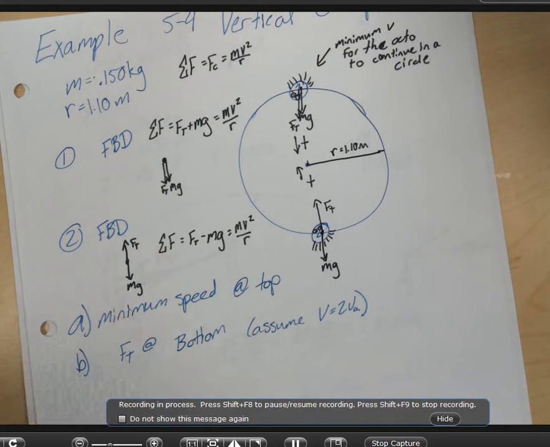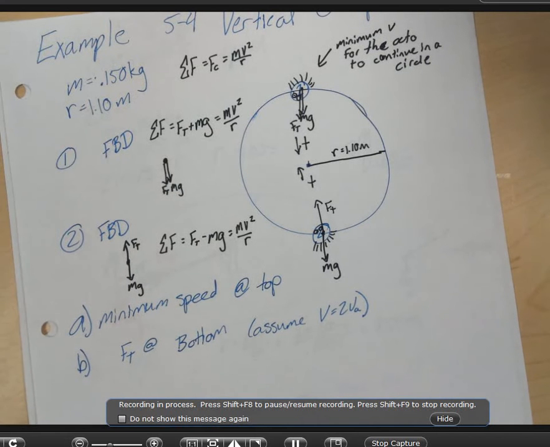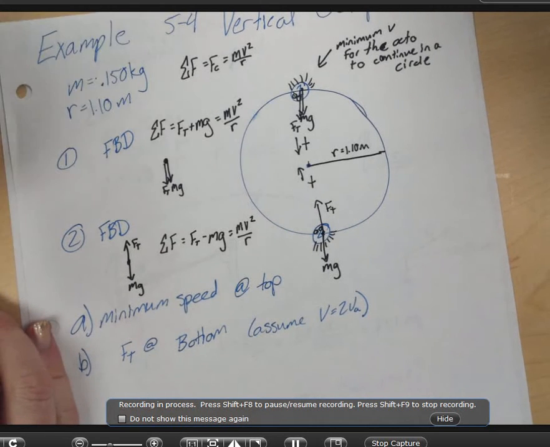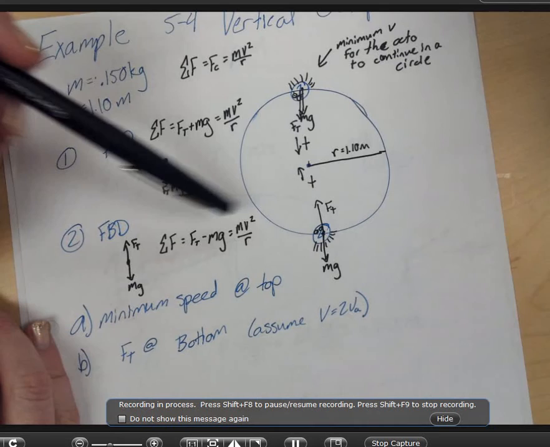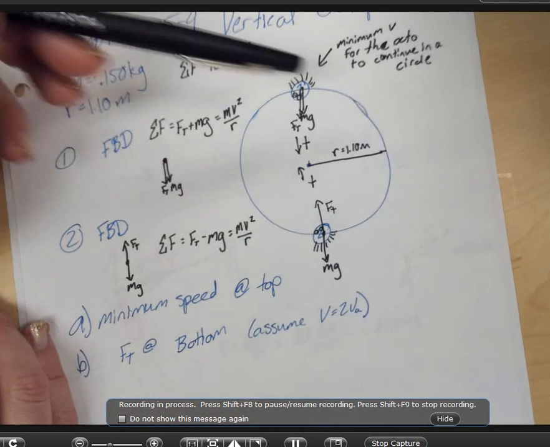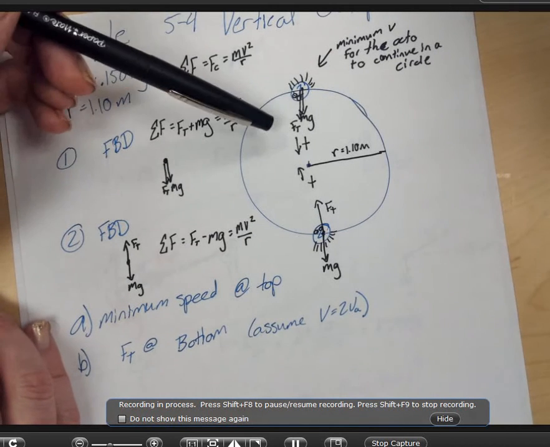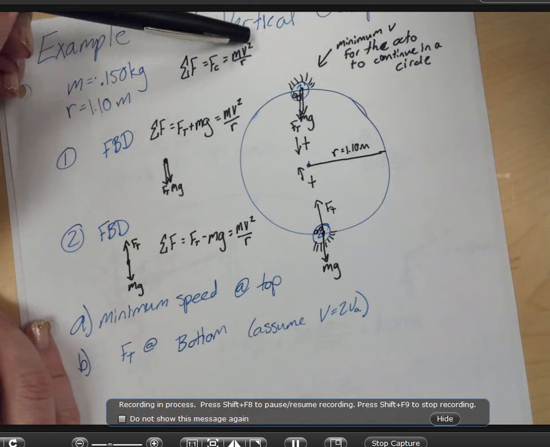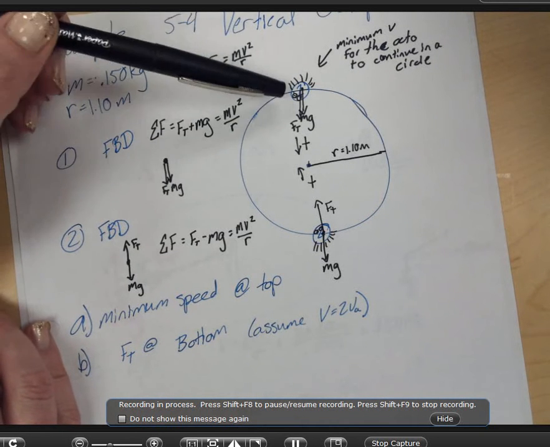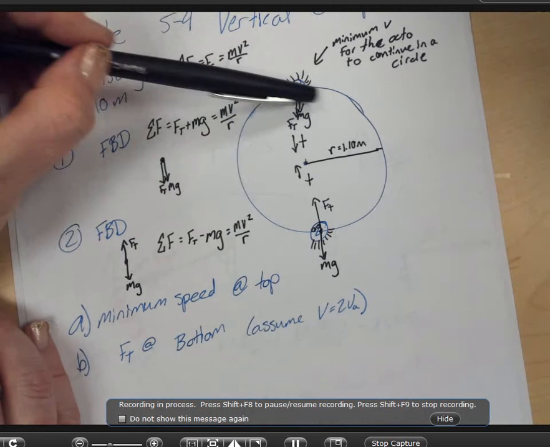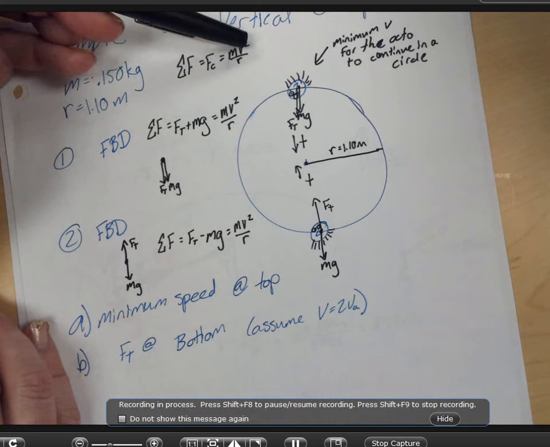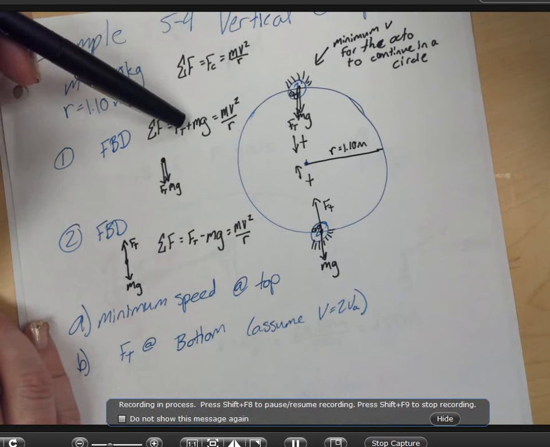And as long as the tension is taut, the more tension there is, the more net force there will be toward the center of the circle, which means more acceleration toward the center. It will change directions more quickly if there's more tension. And if it's changing directions more quickly, it means that there's more velocity. We're looking for the minimum amount of velocity for it to travel in a circle. The minimum velocity means the smallest amount of tension.